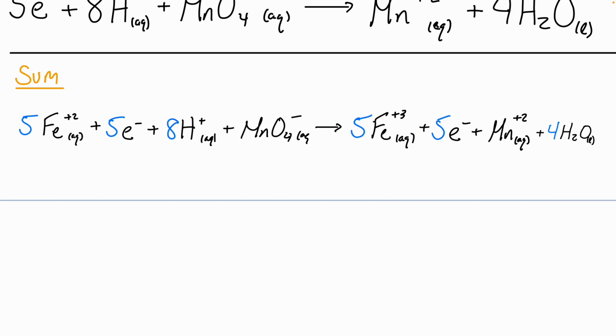I'm going to cancel anything that appears on both sides. You should always be able to cancel what from here? The electrons. You also may be able to cancel some hydrogen ions or some waters, depending on what happened previously in your balancing. That isn't the case this time. We're just going to get rid of those. But you want to look out: if you had water on both sides, you could cancel some of them out.